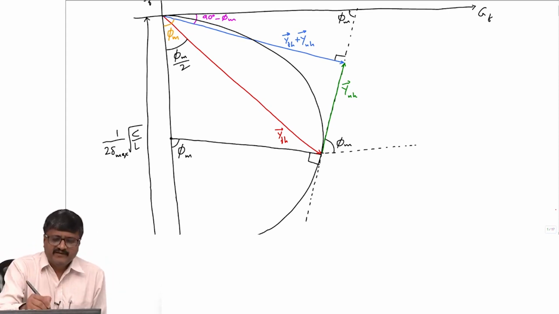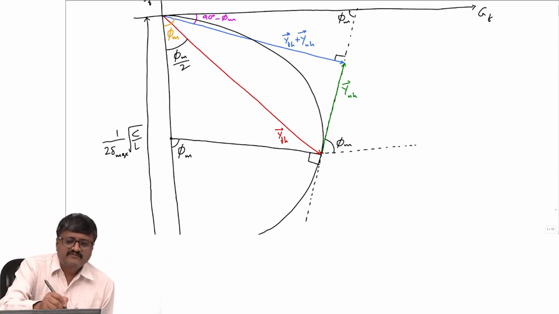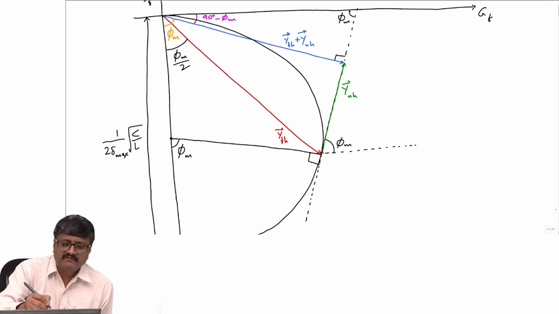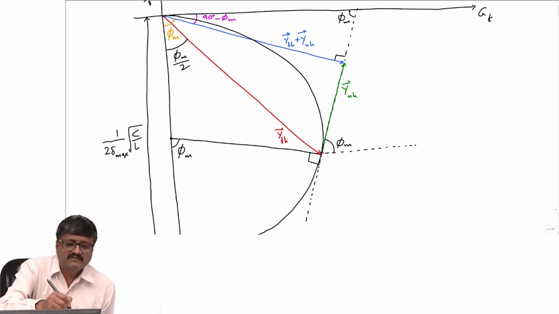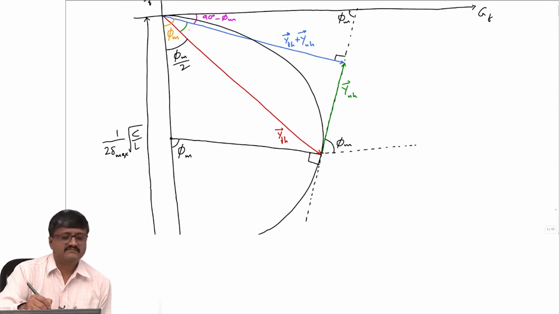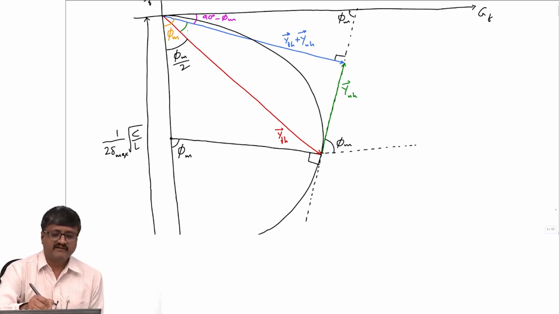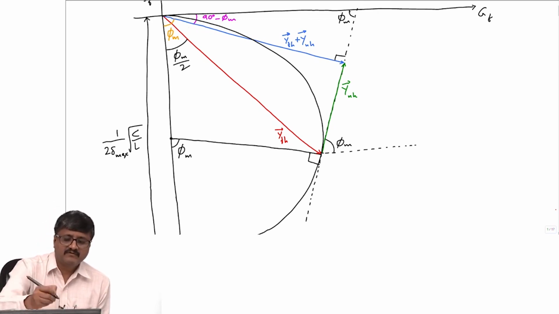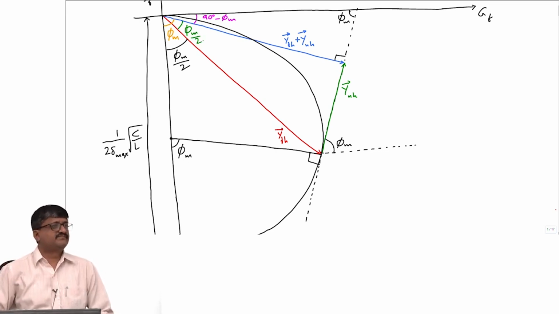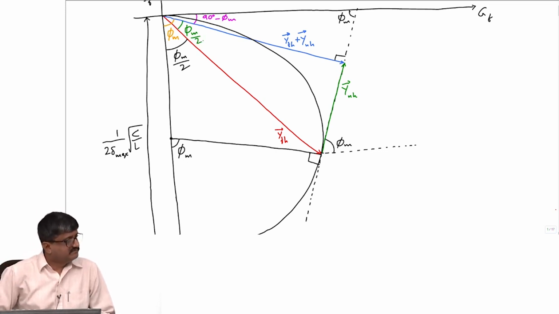So, if that is phi m by 2, then if I take this angle, the green one, this is phi m by 2. Okay.